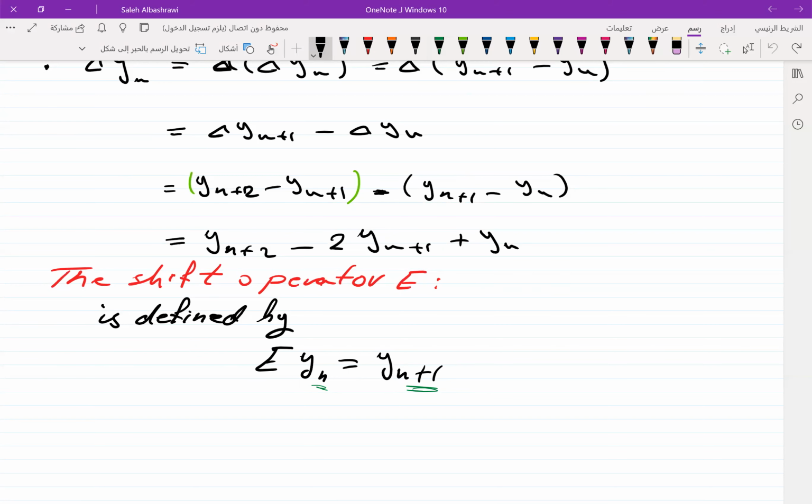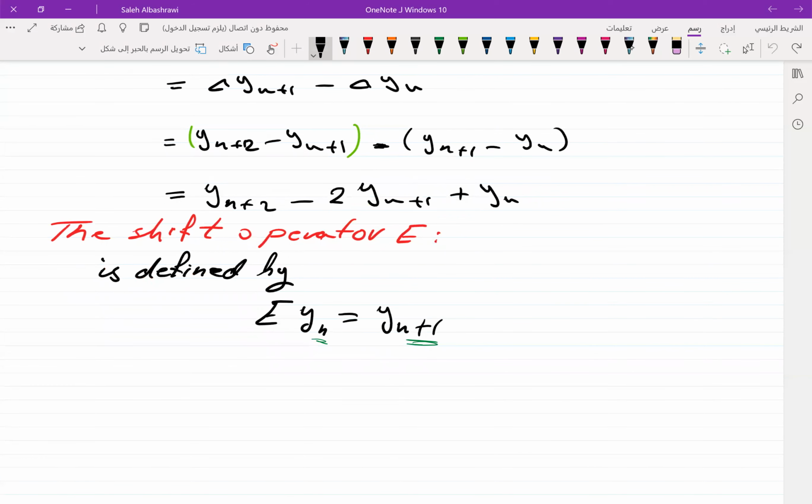So delta y sub n will give me delta of y sub n, which is equal to y n plus 1 minus y sub n. But y sub n plus 1 is equal to the shifting operator applied to y sub n.